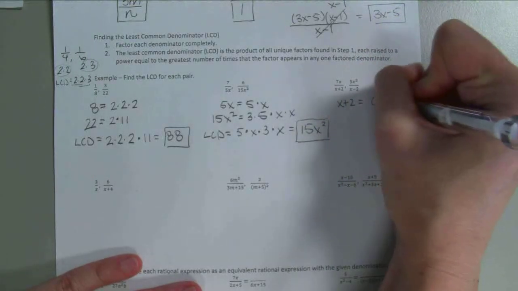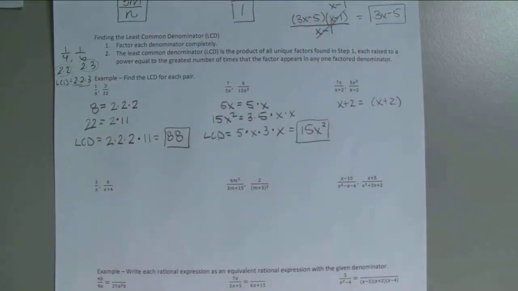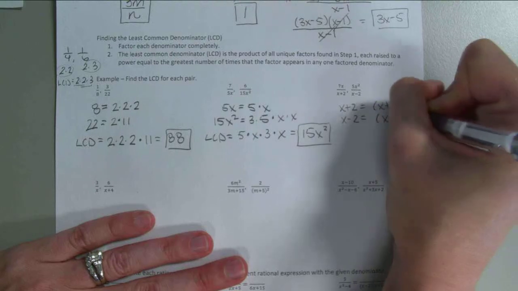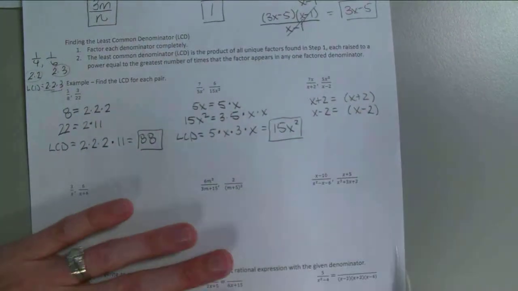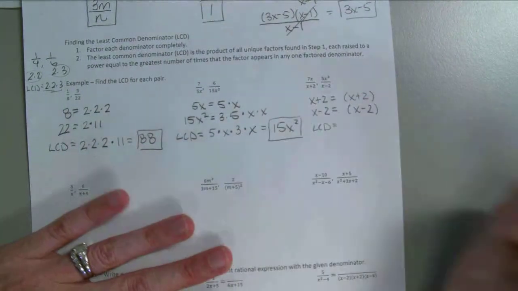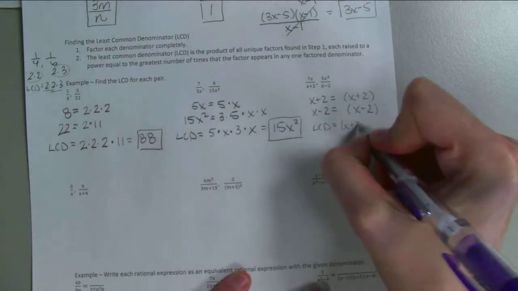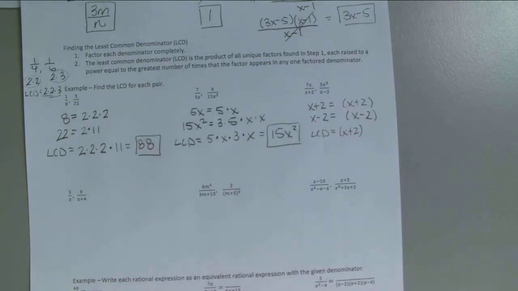So sometimes that happens. All right, this one, guys, x plus 2, how does he factor? We're going to factor him like this, x plus 2, okay? That's our first denominator. X minus 2, how does he factor? X minus 2. So when we go to do our LCD, we need our entire first denominator. So we need x plus 2. Then you go to do your second one, what do you need?